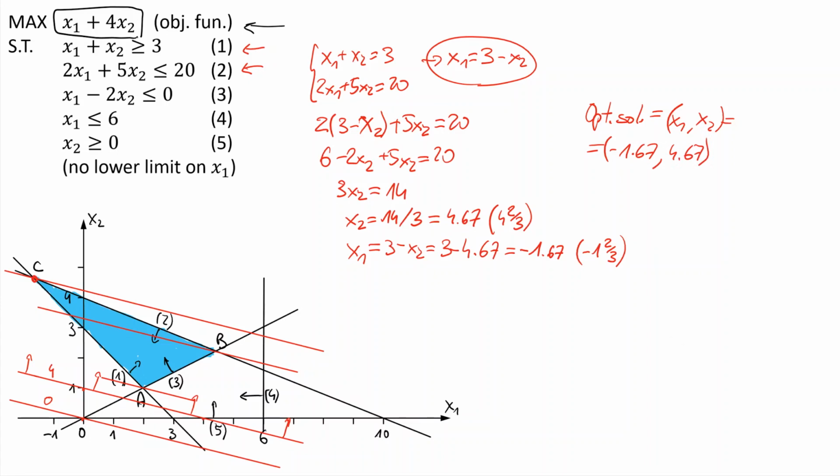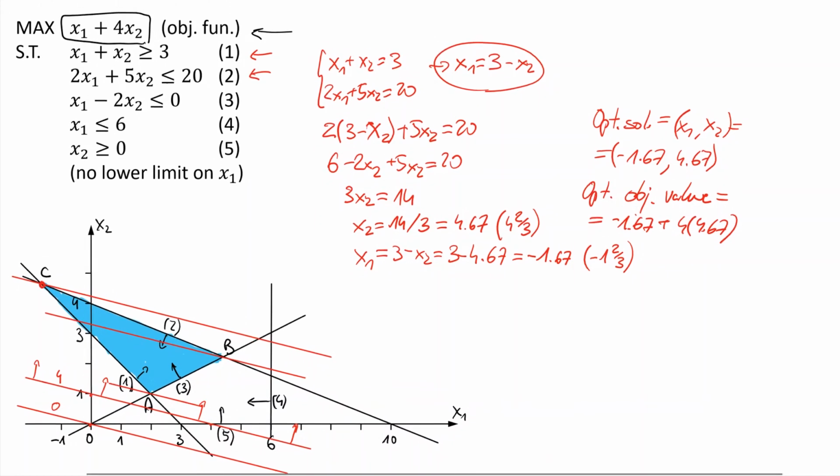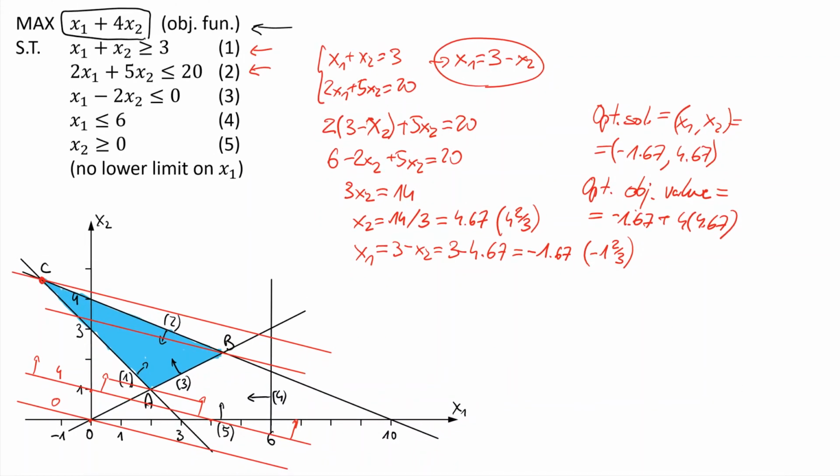So into the objective, the optimal objective value is x1, minus 1.67, plus 4 times 4.67. If you do the calculations with those numbers, you'll get something around 17.01.